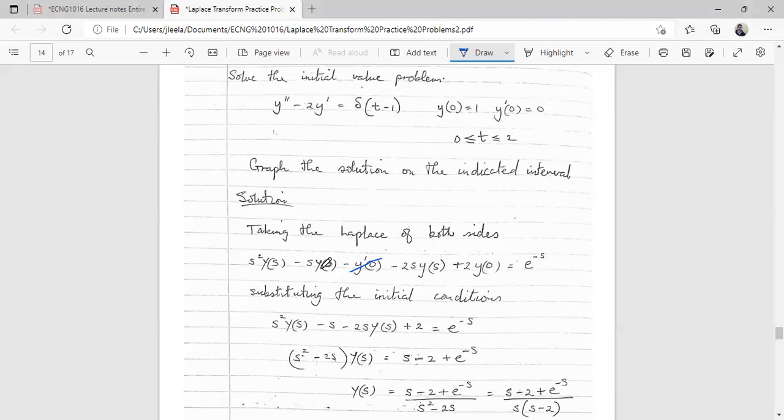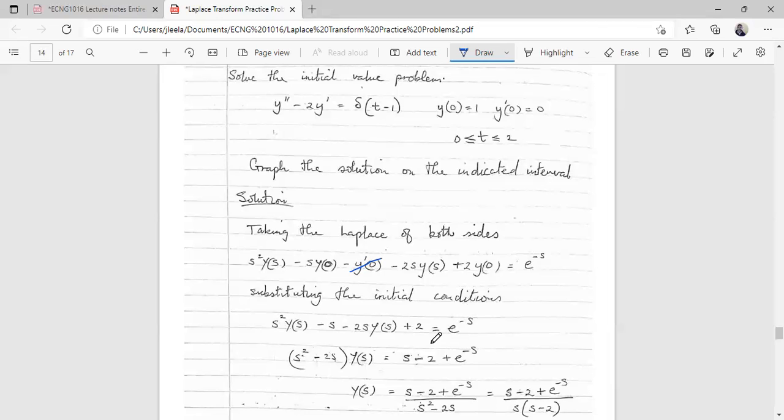This term here will be minus s, because this is 1, right? And this term here will be 2. You see it here? Because y naught is 1. So you have s squared Y(s) minus s minus 2sY(s) plus 2 is equal to e to the minus s.